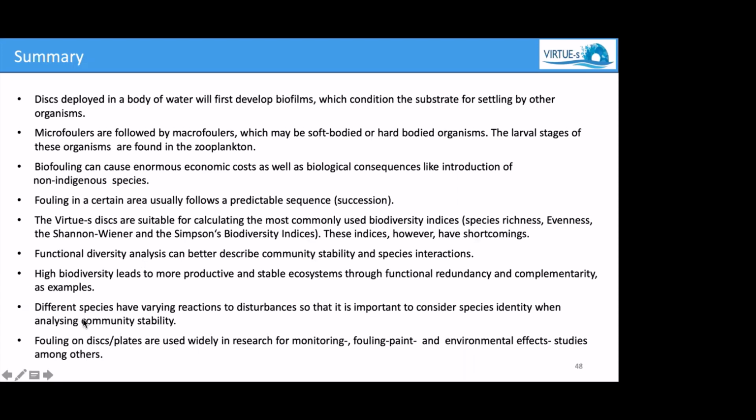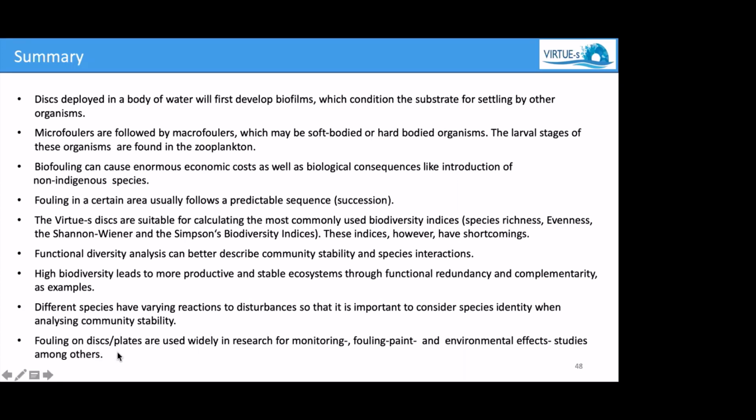And high biodiversity leads to a more productive and stable ecosystem, for example, through functional redundancy and functional complementarity. Different species have varying reactions to disturbances, and so it is important also to consider the identity of the species when analyzing community stability.